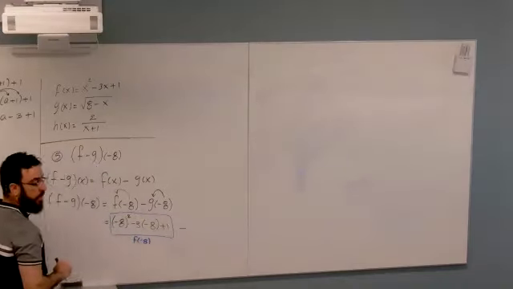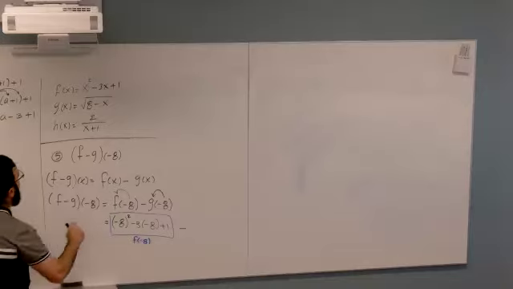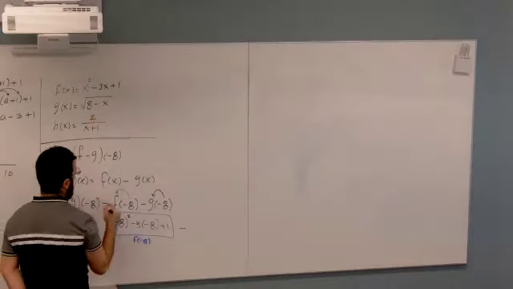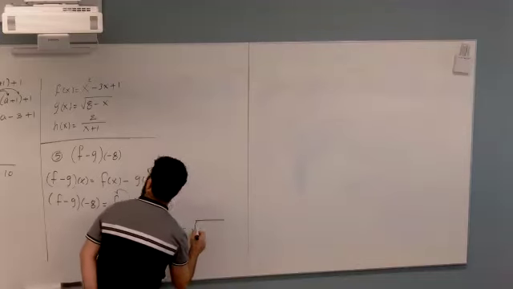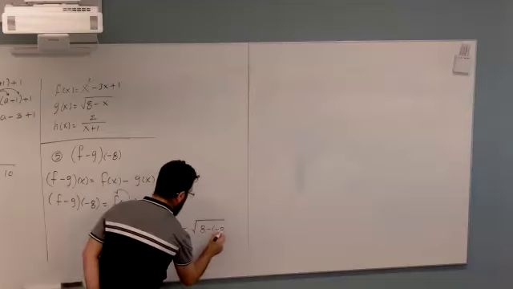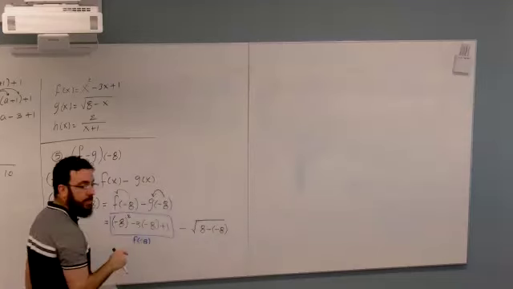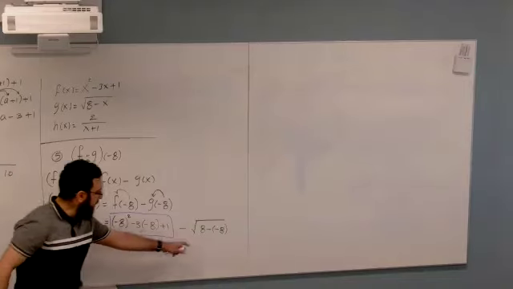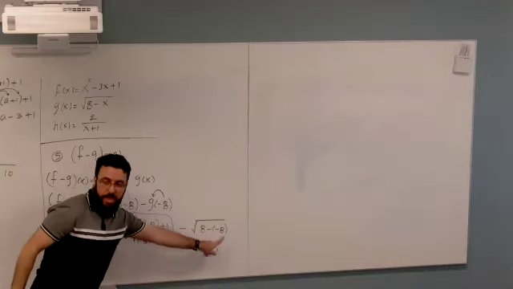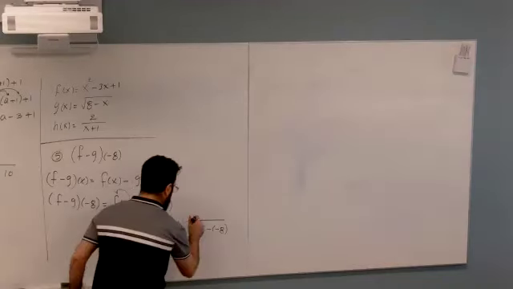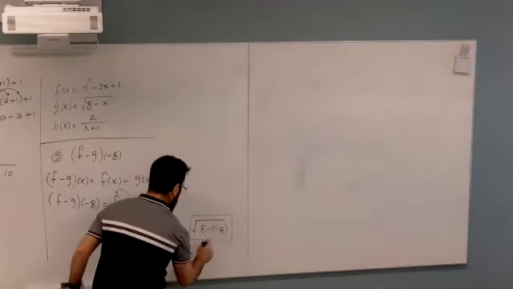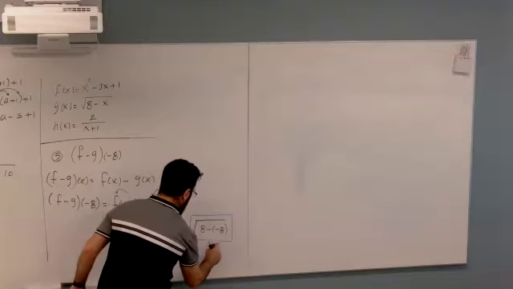Now plug in negative 8 in g, which is here. It's going to be what? Square root of 8 minus negative 8. See, I have to be careful. Check, we have a minus here and negative 8. Is that okay? So this is g of negative 8.